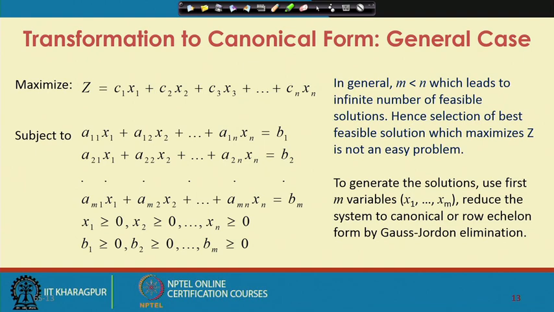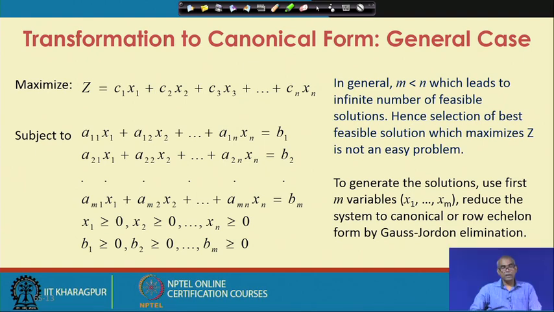Now, let us transform a set of equations to a canonical form in a more general case.